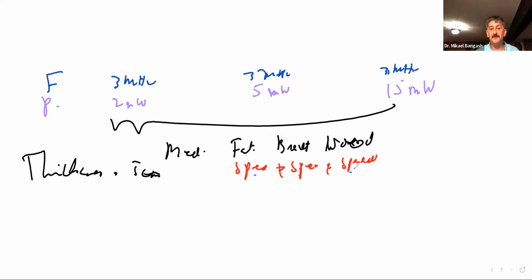But is that different speed due to the different powers? No. That's just because of the different nature of the media. Did you girls get that?